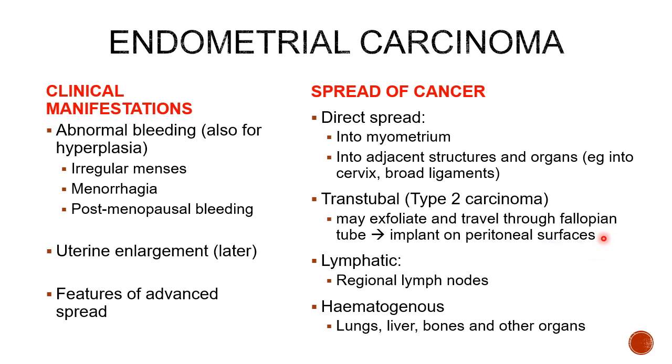So this is one unique way of type 2 carcinoma spread, which also explains why a lot of times when type 2 carcinoma is discovered, they are already advanced and they may have numerous peritoneal implants.